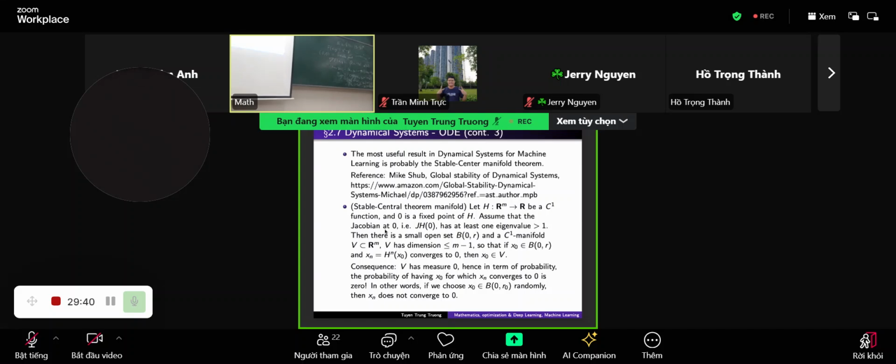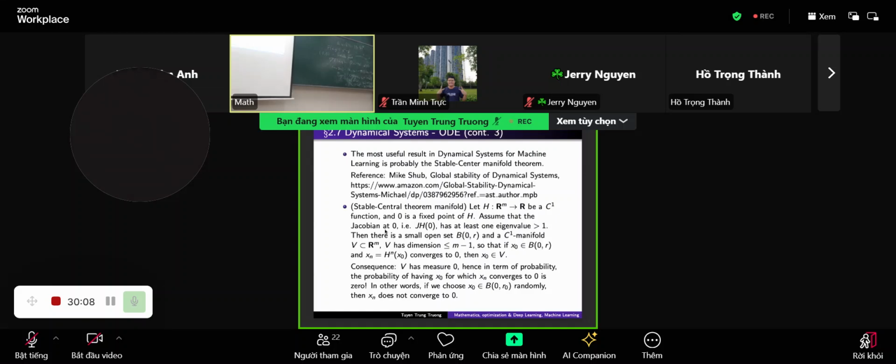So if you start from x0 in this ball and x0 is outside of V, then if you iterate this H, the sequence x does not converge to 0. What happens is that 0 is the critical point of your function, and H is your method.